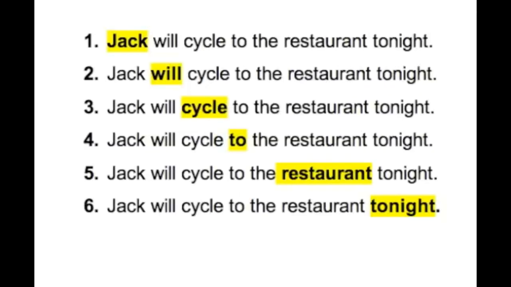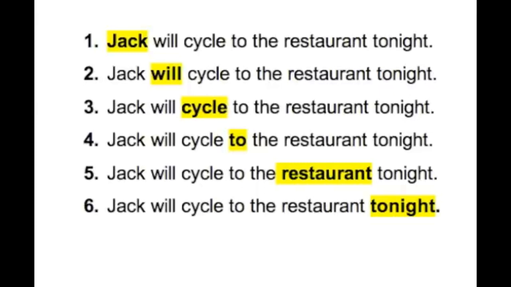But if we look here at sentence number 1, I've highlighted the word Jack. This will be my key word in the sentence. I'm going to exaggerate it a lot. And this is normal, true, real English. By exaggerating one word, I will help the listener understand my point of view.